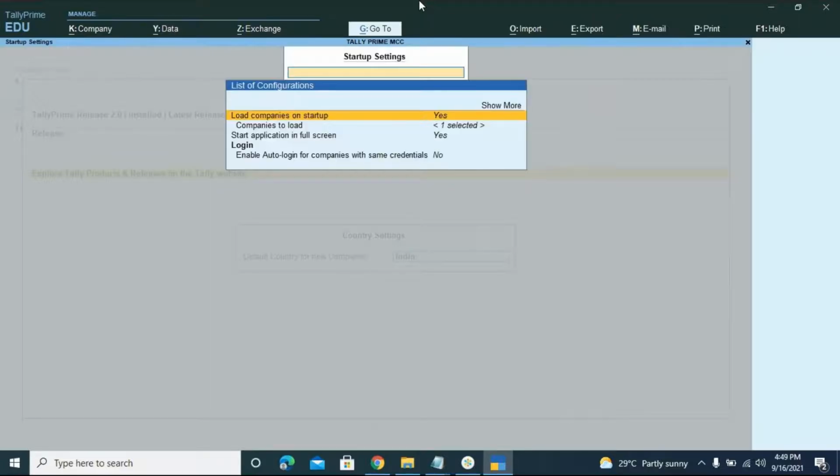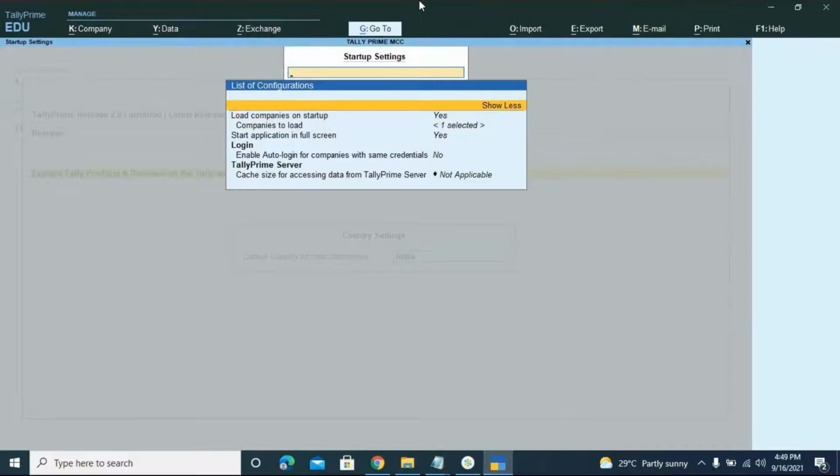So next we have the startup option. If you want to load companies on startup, if it is yes, then which companies to load in case you're starting up the Tally software can also be done here. And what is the auto login for the companies?